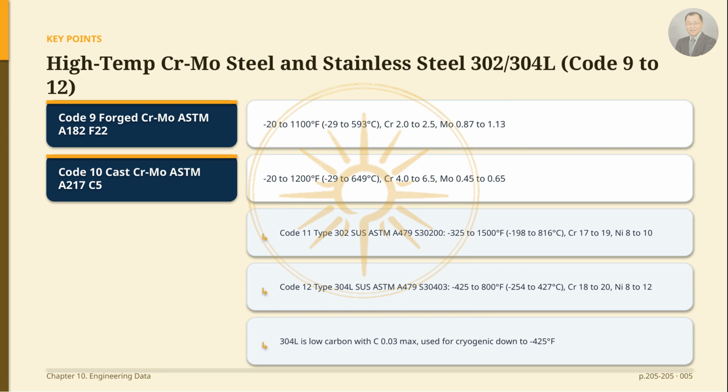Material code 12 is Type 304L stainless steel, ASTM A479 grade UNS S30403, which is a low-carbon type with carbon reduced to a maximum of 0.03%. It contains 18% to 20% chromium and 8% to 12% nickel, and can be used from cryogenic temperatures of -425 degrees Fahrenheit (-254 degrees Celsius) up to 800 degrees Fahrenheit (427 degrees Celsius).